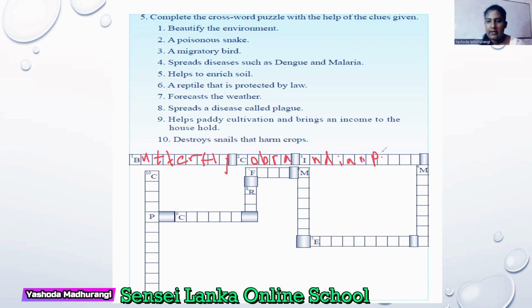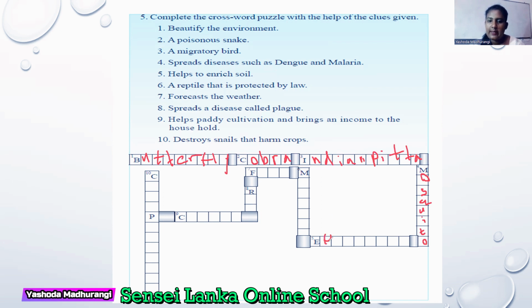We learned it in our today's lesson at the beginning. Then number 4, spreads diseases such as dengue and malaria. Who spreads them? Mosquito. M-O-S-Q-U-I-T-O. Mosquito.